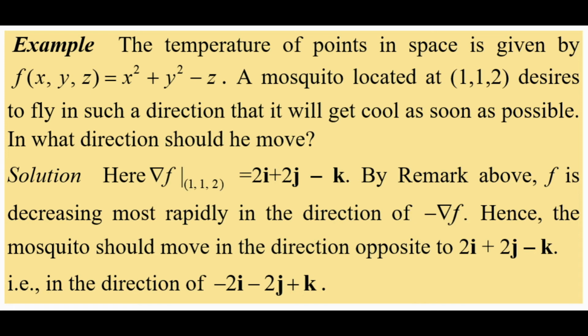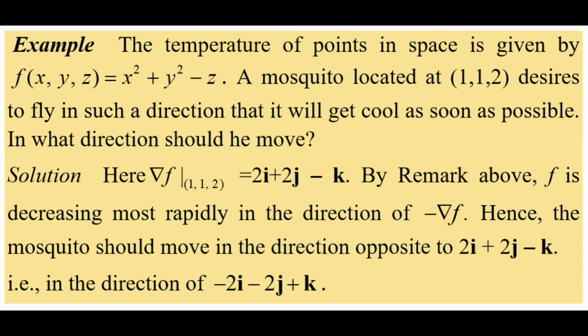By the remark above, we know that at a point (1, 1, 2), f decreases most rapidly in the direction of negative grad f. Here, the grad f evaluated at the point (1, 1, 2) is the vector 2i plus 2j minus k.